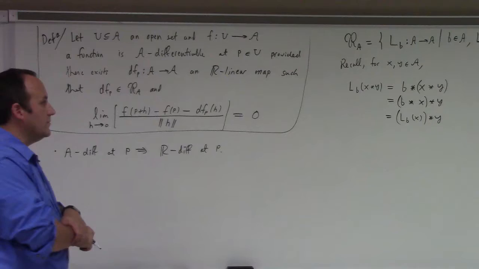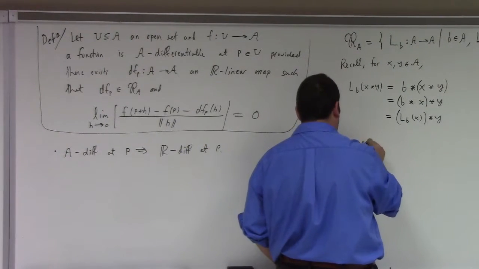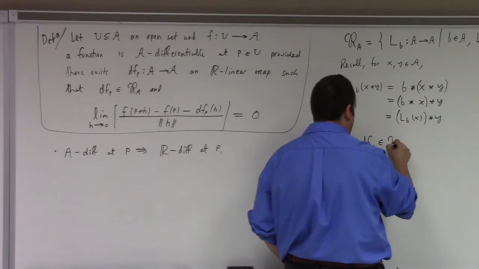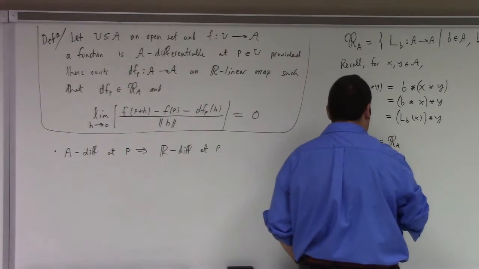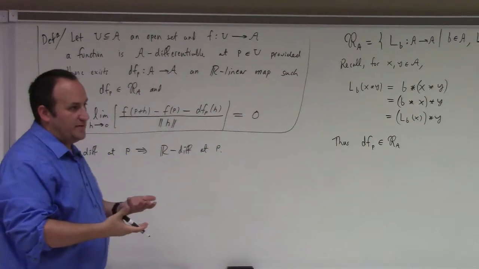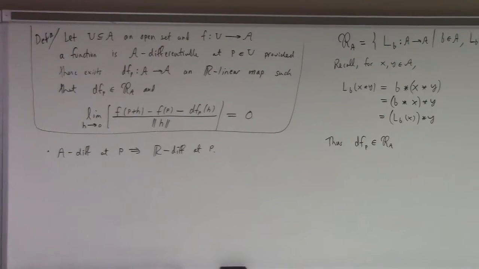Okay? So thus, in the case that we say the differential at p is in the regular representation of A, that means a couple different things. There's two things that means immediately from this discussion. One is that it's a left multiplication map. The other is that it's got this right linearity property.